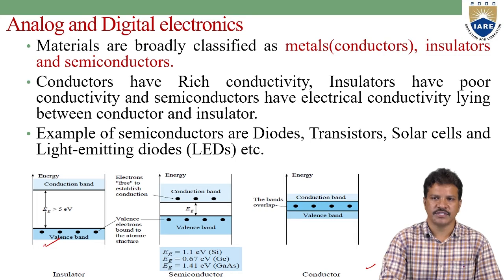So based on the energy gap, we can divide materials into insulators, semiconductors and conductors. In this subject, we are going to use semiconductor materials like germanium and silicon in electronic devices like diodes, transistors, and LEDs, etc.